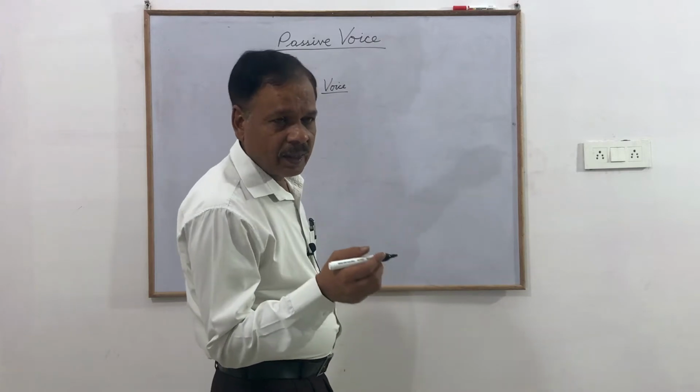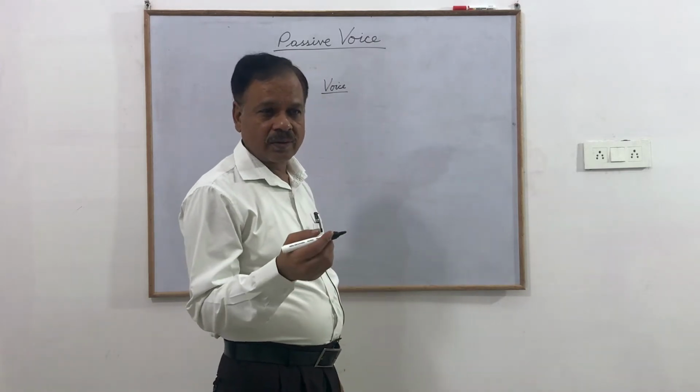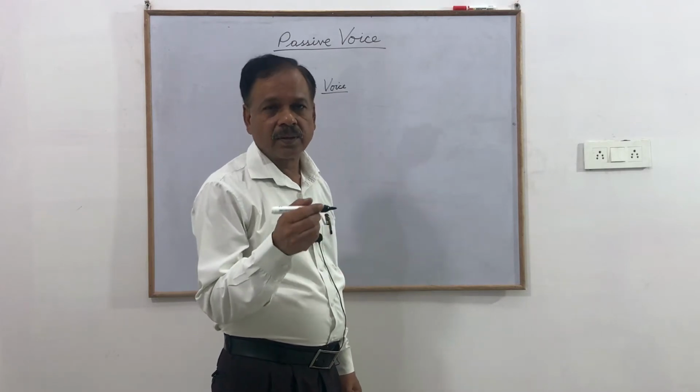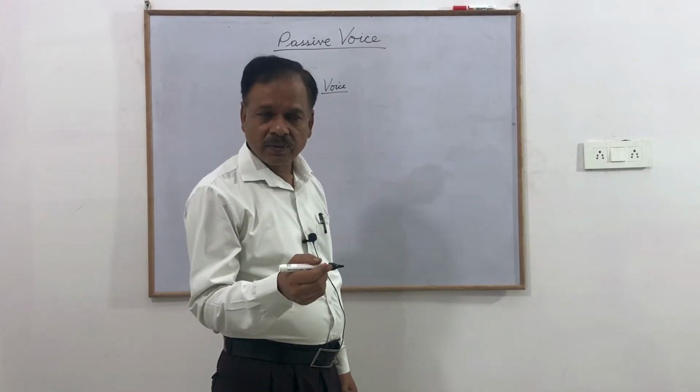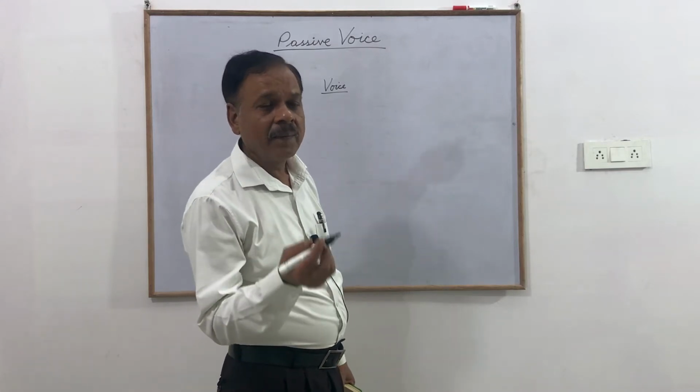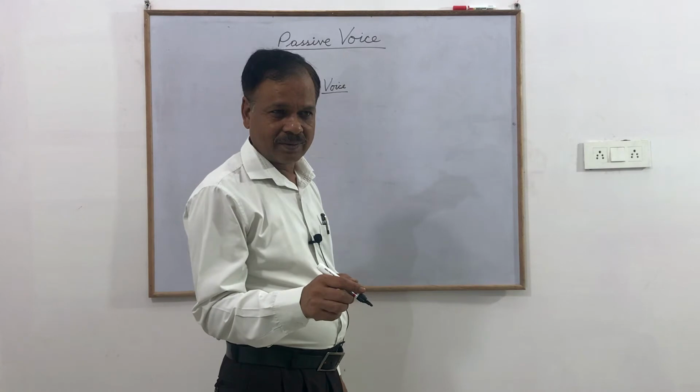That is its voice. If something is done to our subject, it is in the passive voice. And if the subject does something, then it is in the active voice.